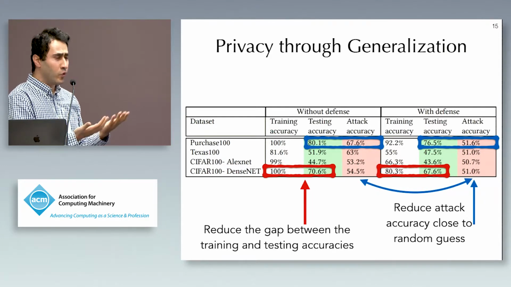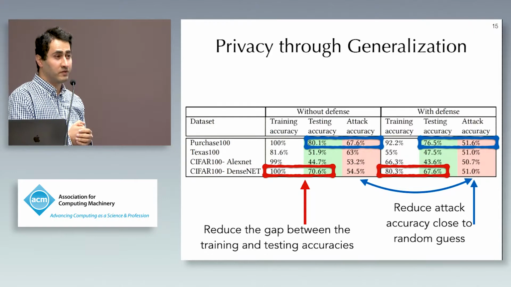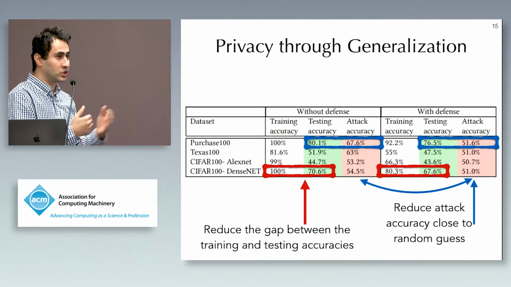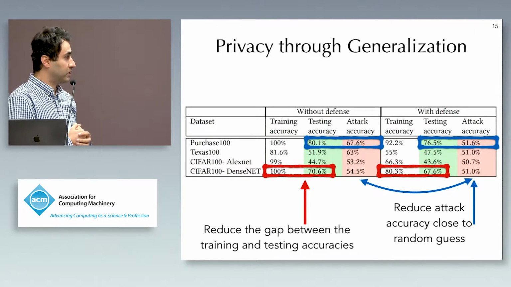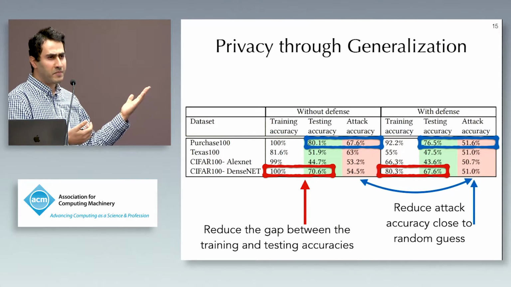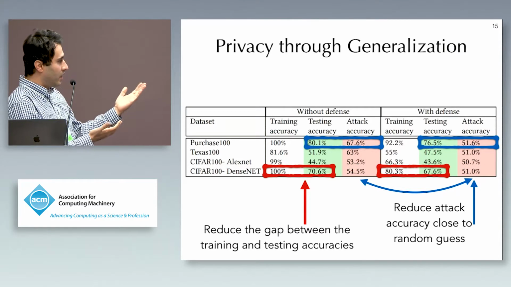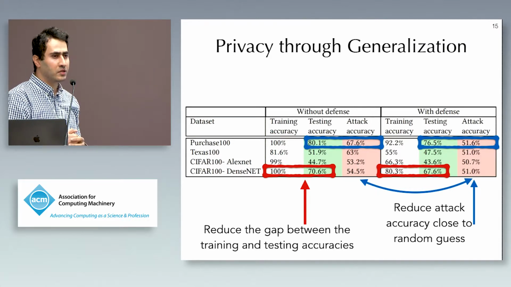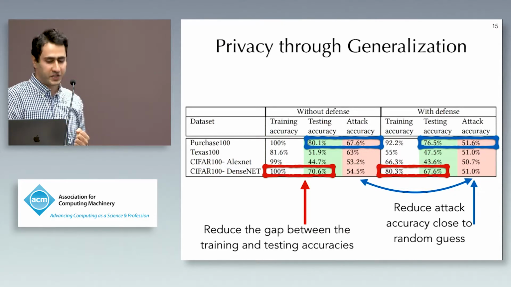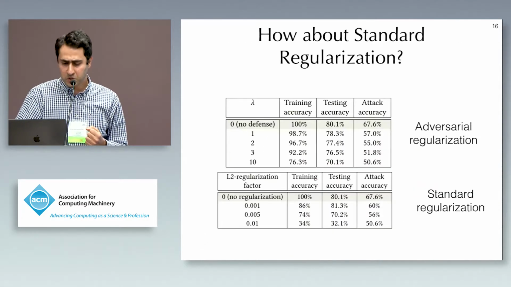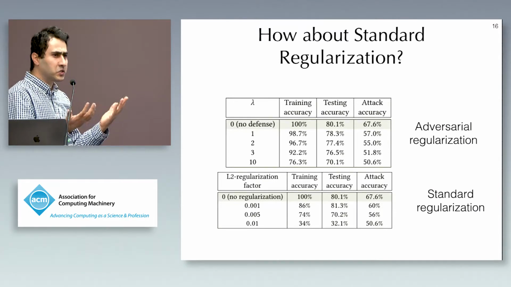This is why we're improving the membership privacy, because there's less leakage through the training process. Therefore, our mechanism can also be thought of as a mechanism for regularizing the machine learning models. With our algorithm, the trained machine learning model generalizes better to samples outside of the training data set.